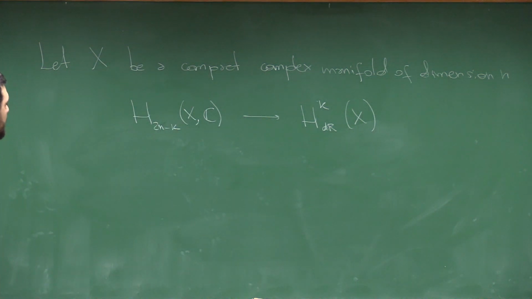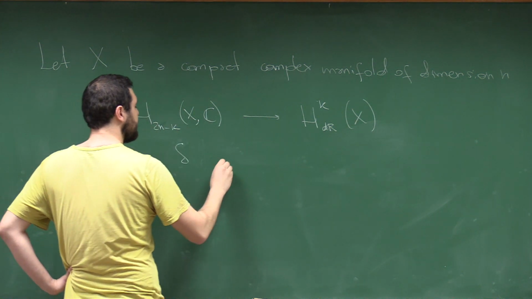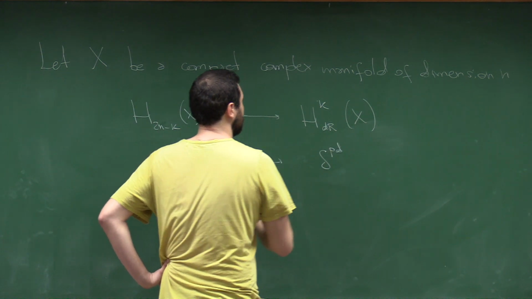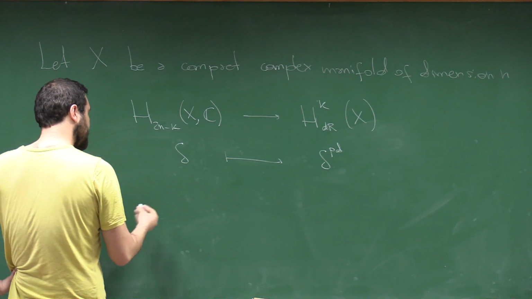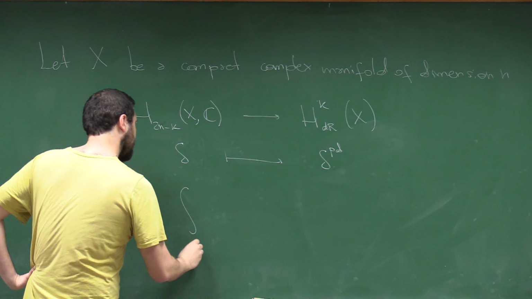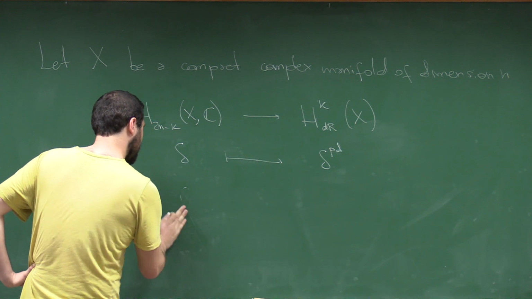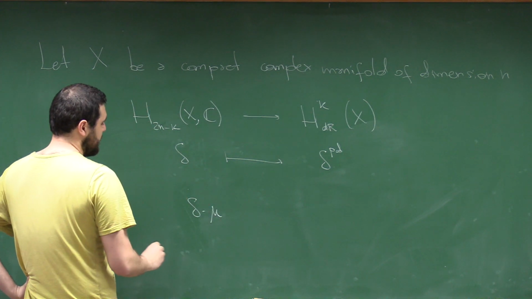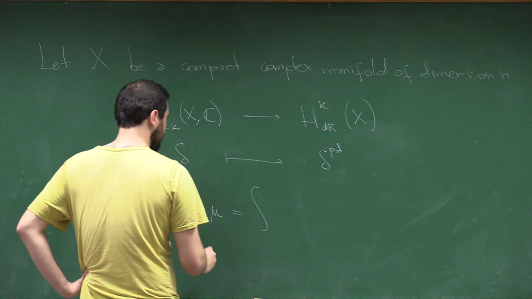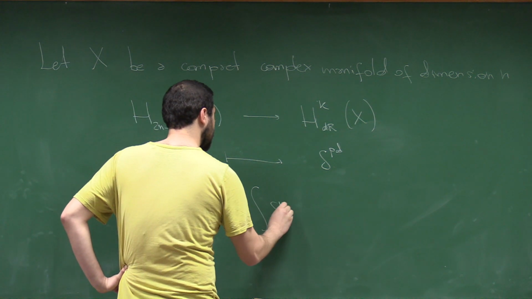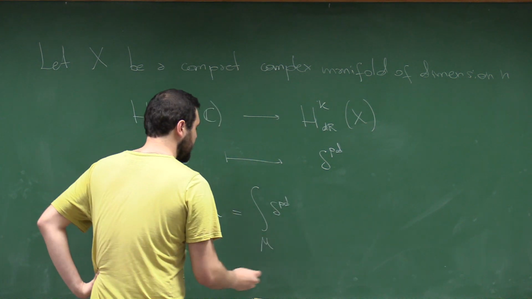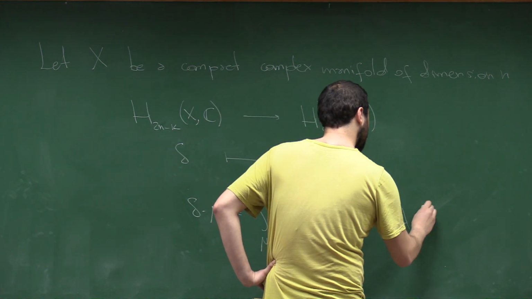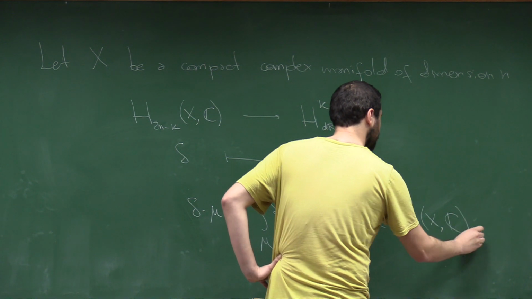Okay, and so it takes some delta, a homological cycle, and sends it to some delta PD. It's a k form. They are related by the following equation: the intersection product of delta with some mu is equal to the integral of delta PD over mu for every mu in H_k, the singular homology of X with complex coefficients.